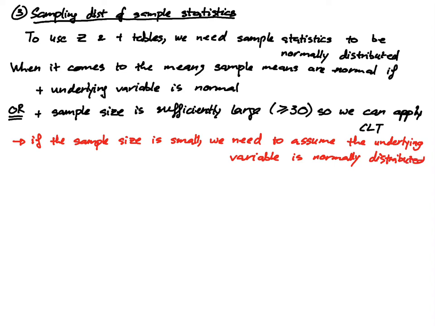Again, the idea is that we want to be able to use the z or the t table to find critical values and p-values.